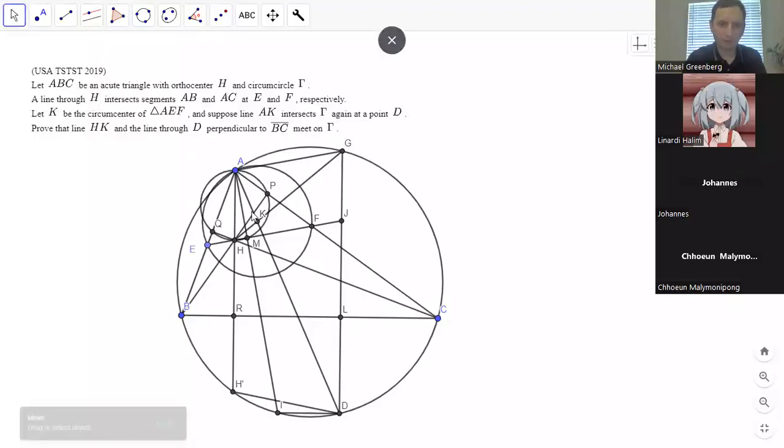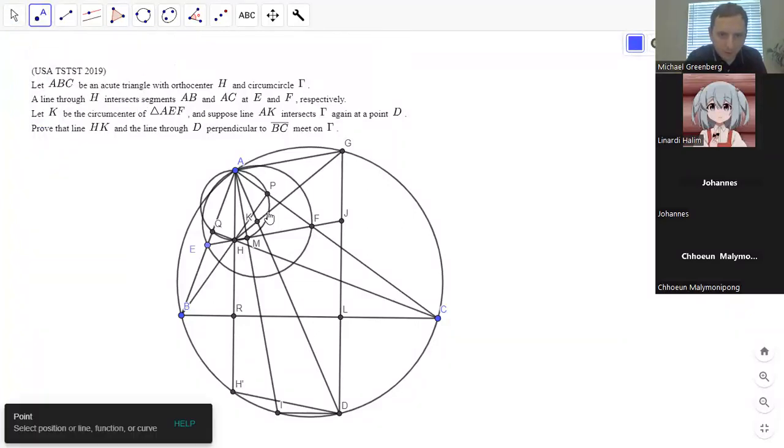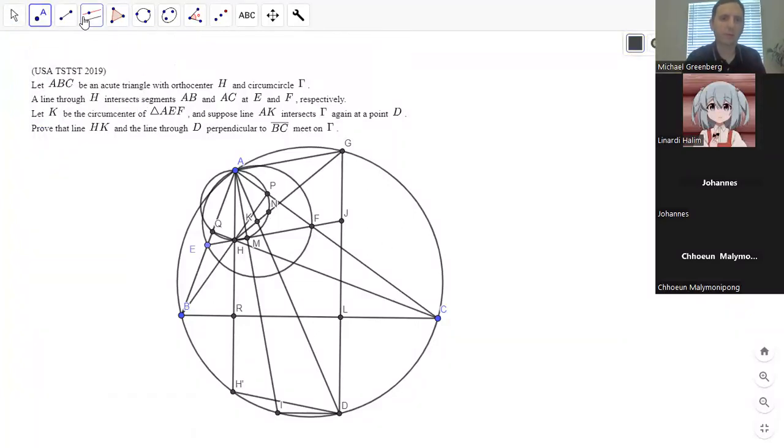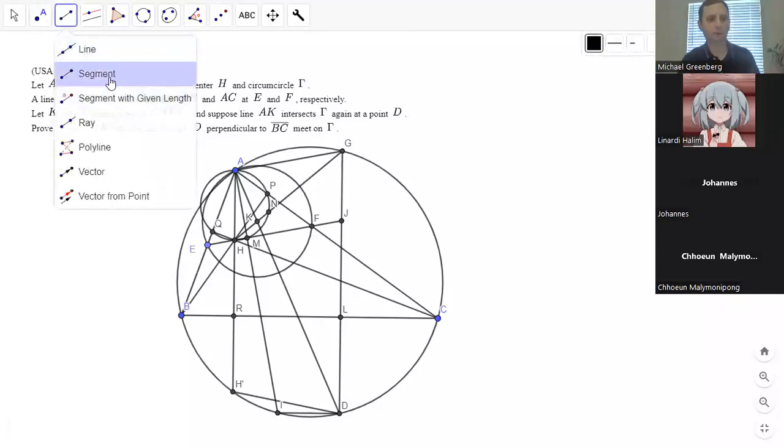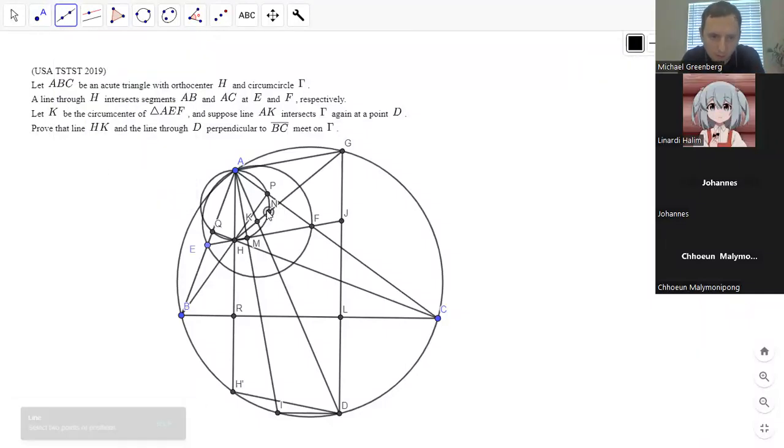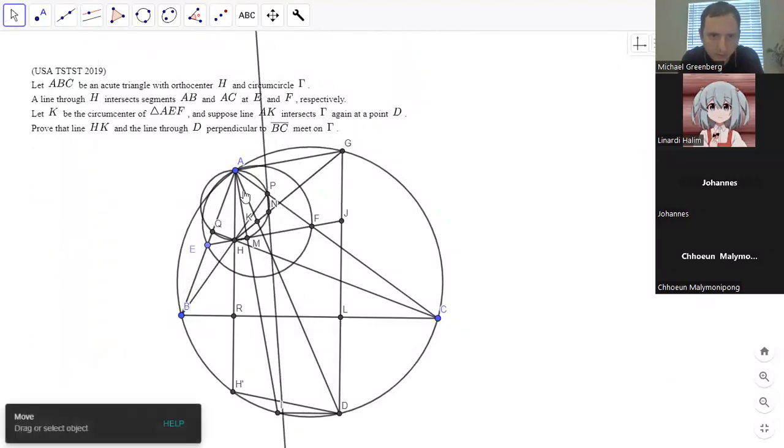Maybe we could let HK meet the circle. And then I don't know if there's anything special about that point, but let's see. I don't know if those really concur. I could check it, but I doubt it.